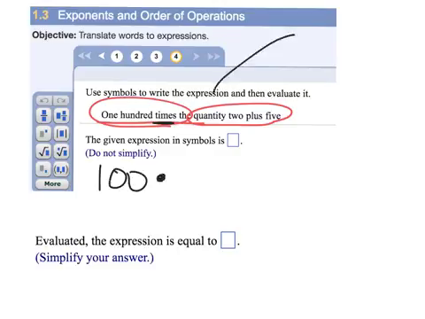Now, the phrase, the quantity 2 plus 5, that means in parentheses 2 plus 5. So sometimes instead of saying 100 times parentheses 2 plus 5, we would say 100 times the quantity 2 plus 5. And that's what that means there.